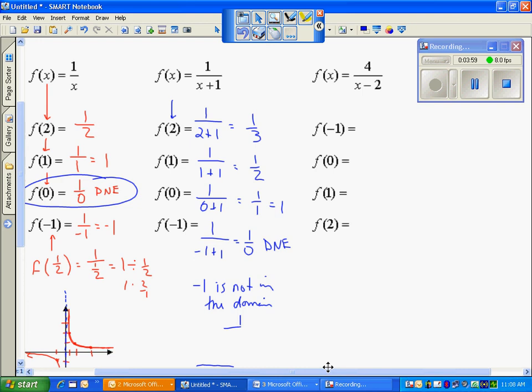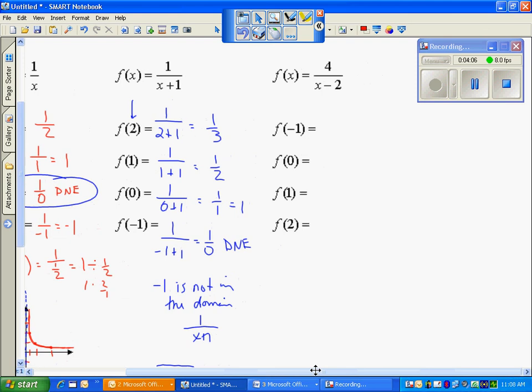Let's try a third example. Now I have a numerator that's 4. That's never going to change value. Simplifying, negative 1 and negative 2 is negative 3. Putting a 0 in, looks like 4 over negative 2. Oh, I can simplify that. Putting a 1 into my rule, 4 over negative 1 is negative 4.